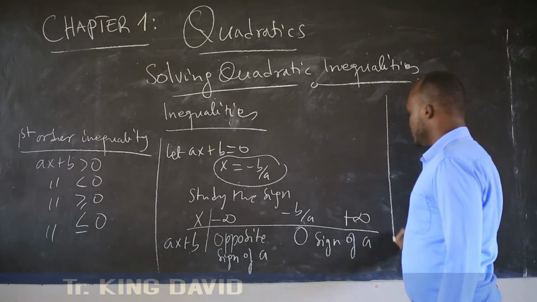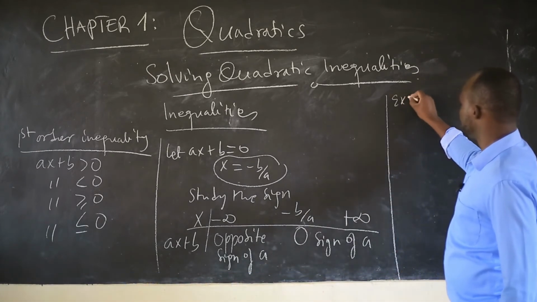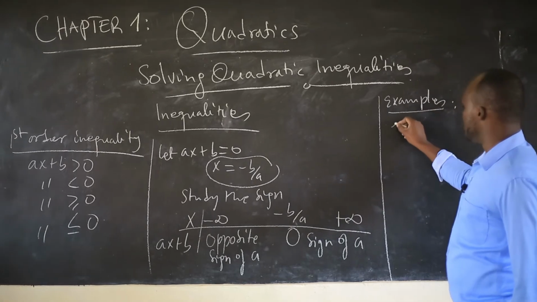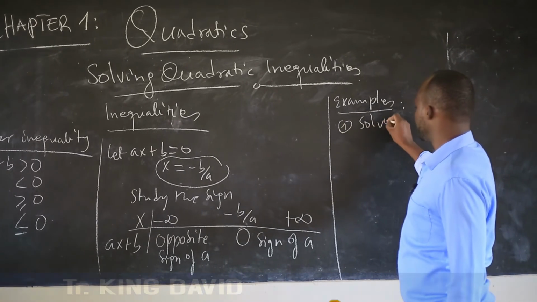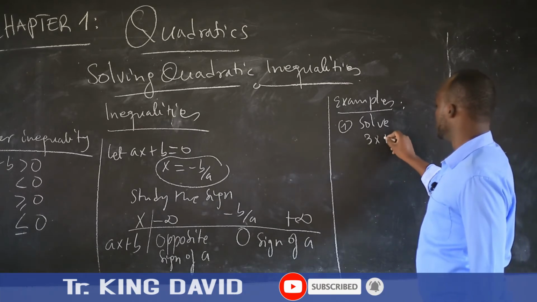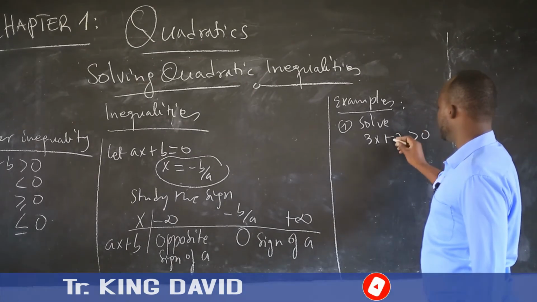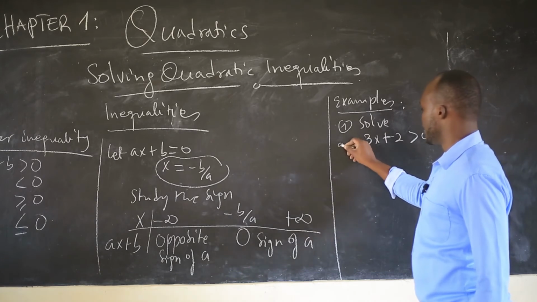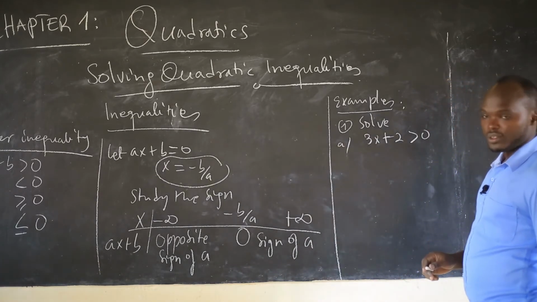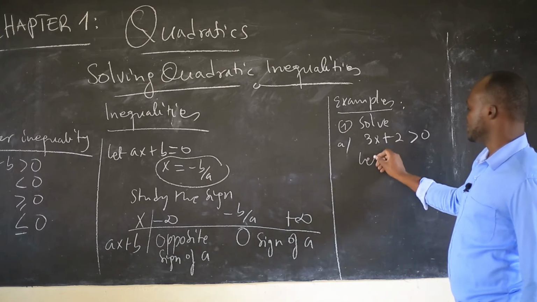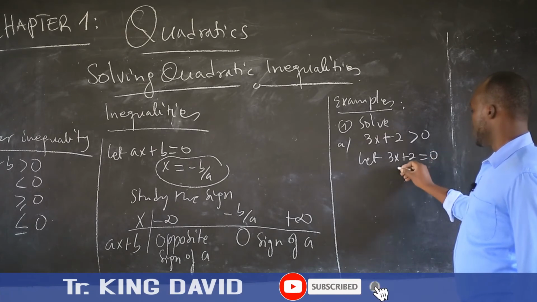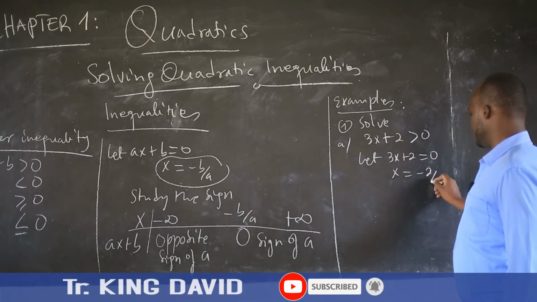So for example, before we go to quadratic equations, number 1, solve. Let us give an example like 3x plus 2 greater than 0. That is a. If you have 3x plus 2 greater than 0, I let 3x plus 2 be equal to 0, where x is negative 2 over 3.